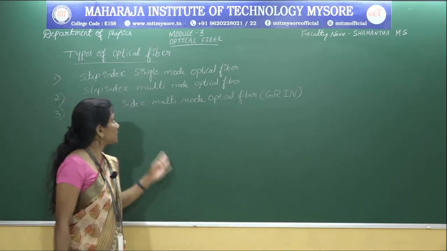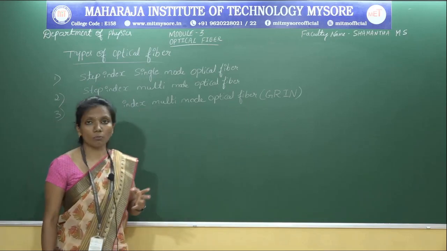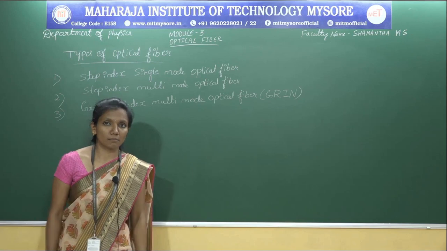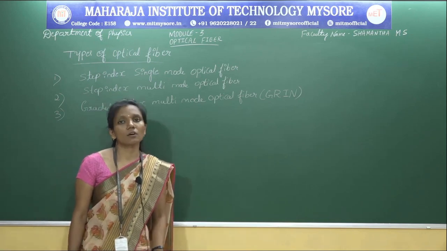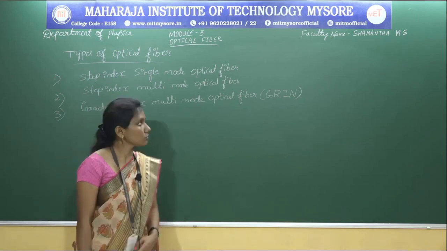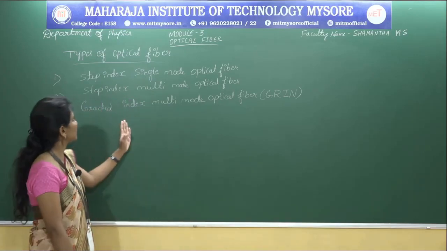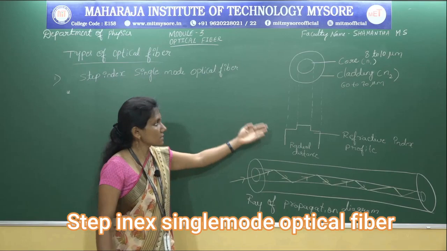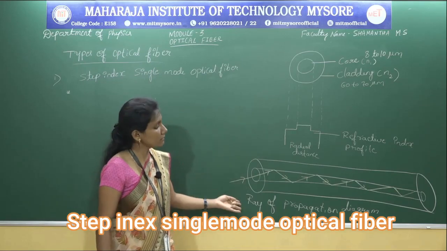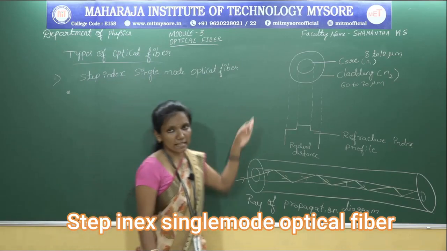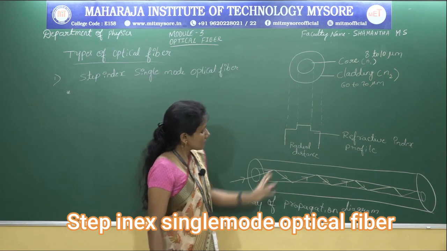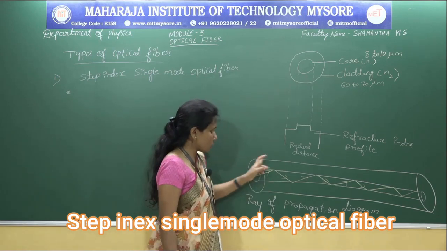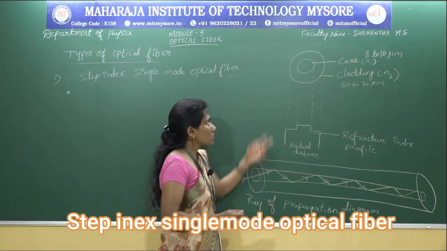What does step index single mode optical fiber mean, and how is it constructed? That depends upon the diameter of the core and cladding. So first we will study the step index single mode optical fiber. It is constructed like this: the inside is the core and the outside is the cladding.